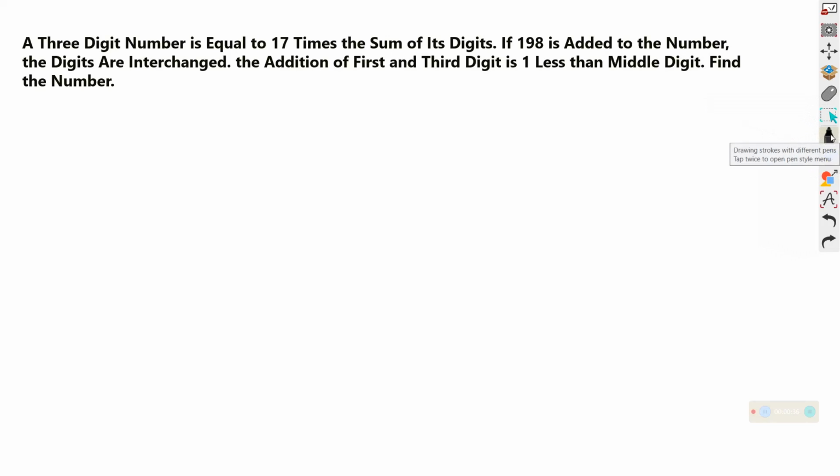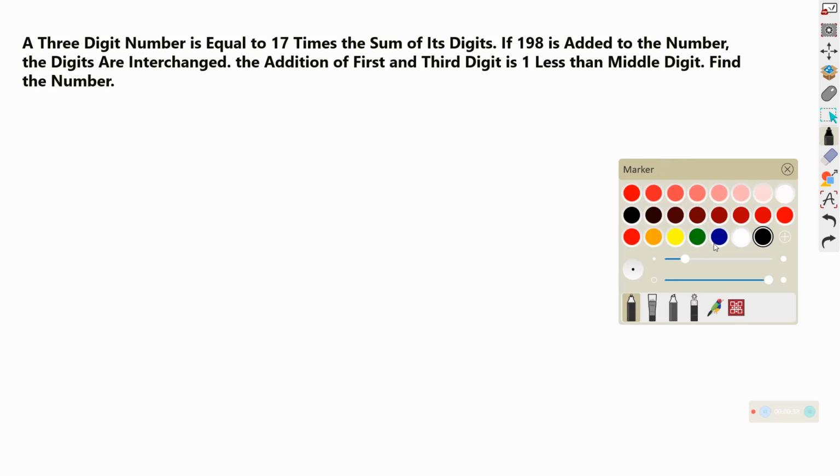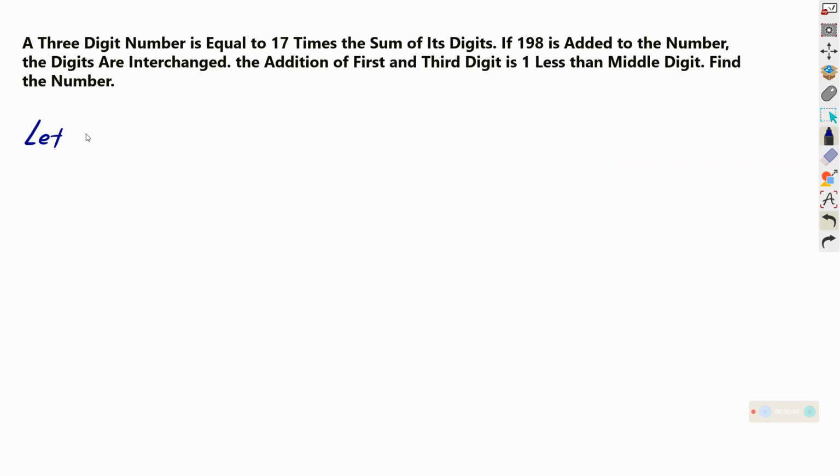So let us first put the information given. Let the 3-digit number be xyz. This is a 3-digit number, we assume that.